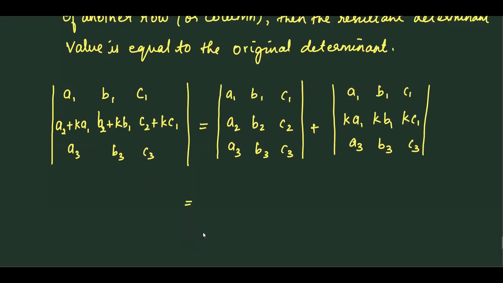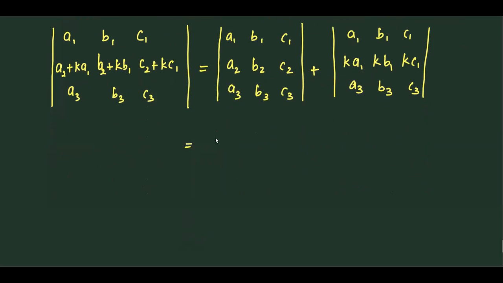Now the second determinant is 0. We know it. They are of the same ratio. You can pull out k outside. You will get first row and second row identical. So this determinant will be 0. So you are left with A1, B1, C1, A2, B2, C2, A3, B3, C3.